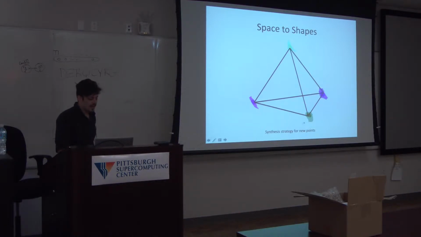So if I desire a shape between this cell and this cell, I can move it partially along this vector field and then get a new novel shape at this point.